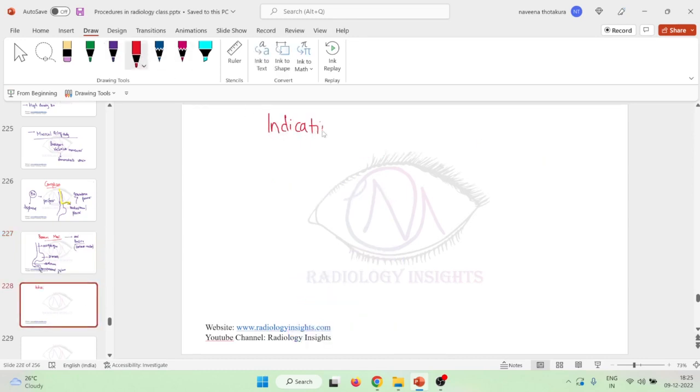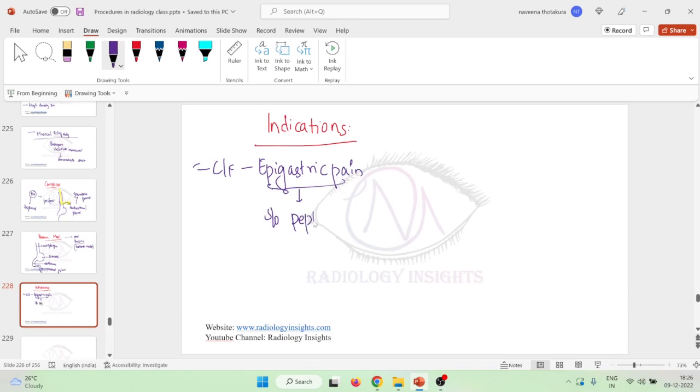In the indications of barium meal, the patient has certain symptoms or clinical features, like epigastric pain. If the patient presents with epigastric pain, which is suggestive of peptic ulceration, because peptic ulcers can be diagnosed with barium swallow.